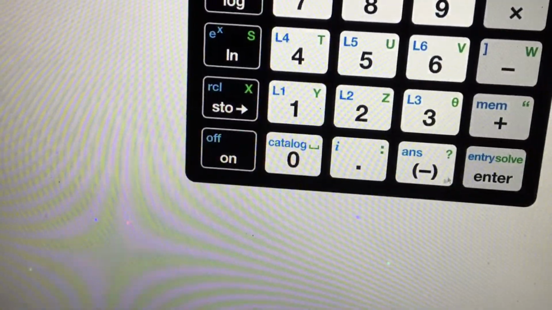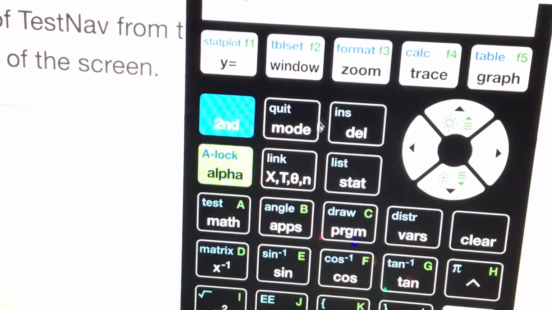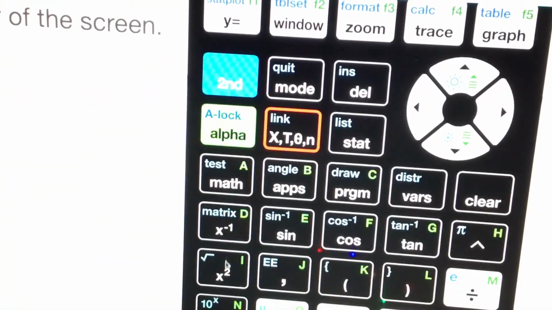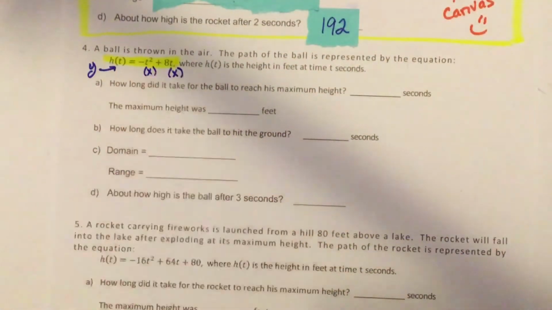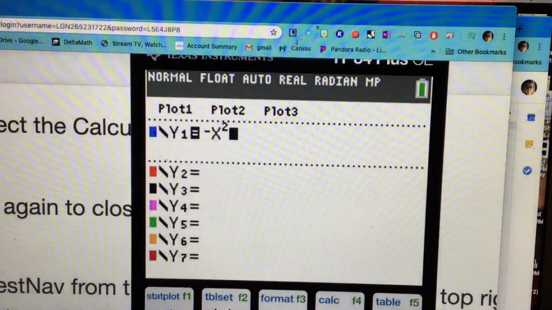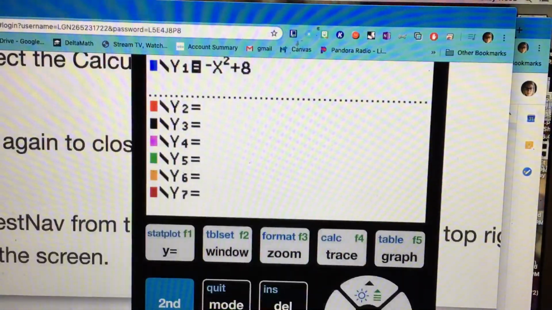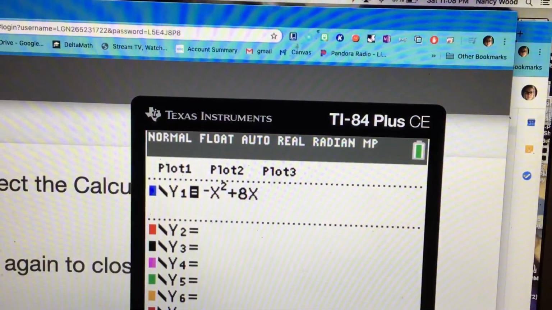Remember, I need this little negative down here. And then x squared. And then after that, plus 8x. Okay, so there's my equation, negative x squared plus 8x.